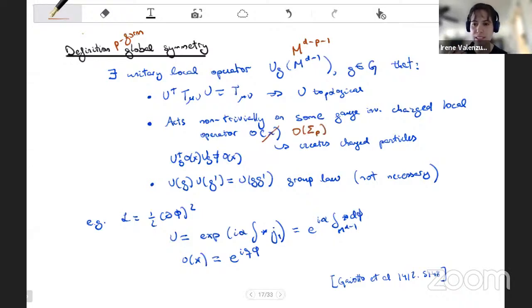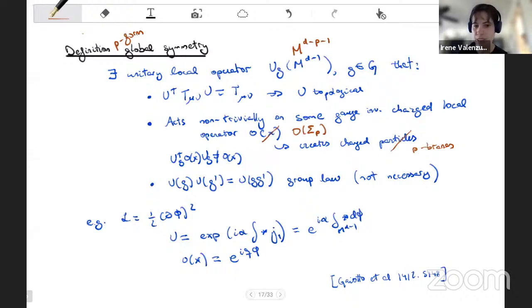So the charges now are not carried by particles, as usual for the 0-form global symmetries, but are carried by p-branes, by extended objects, which are created by these charged operators. And the rest is the same. Again, we need that the symmetry operator is topological, that it acts non-trivially, and that it satisfies some group law.